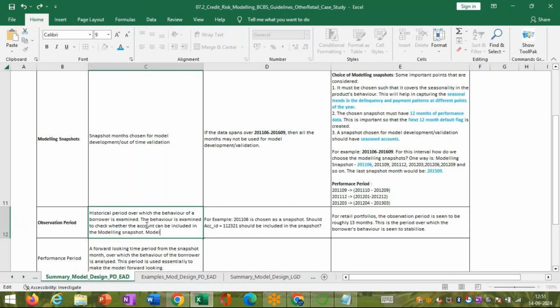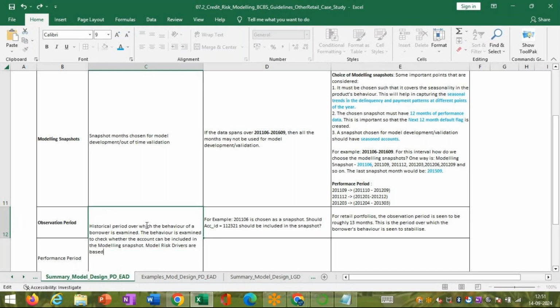So all the model variables, model risk drivers are based on the observation period and historical data.